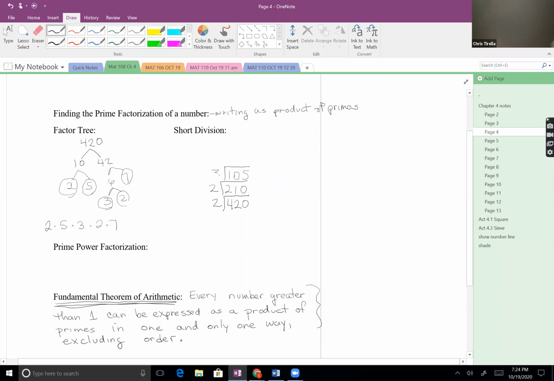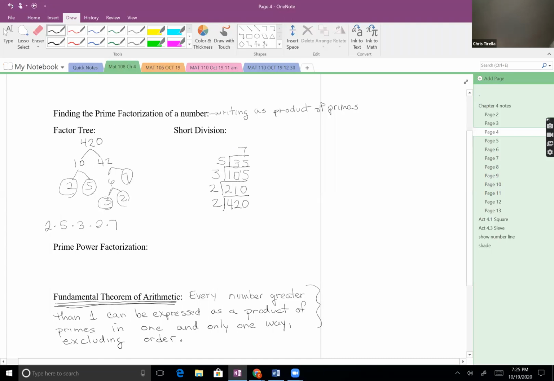But let's see, can I divide 105 by 3? 3 goes into 10 3 times, which would be 9. So I'd have 15 left over, giving me 35. 3 doesn't go into 35. So the next prime number I'm going to try is 5. 5 goes into 35 7 times.